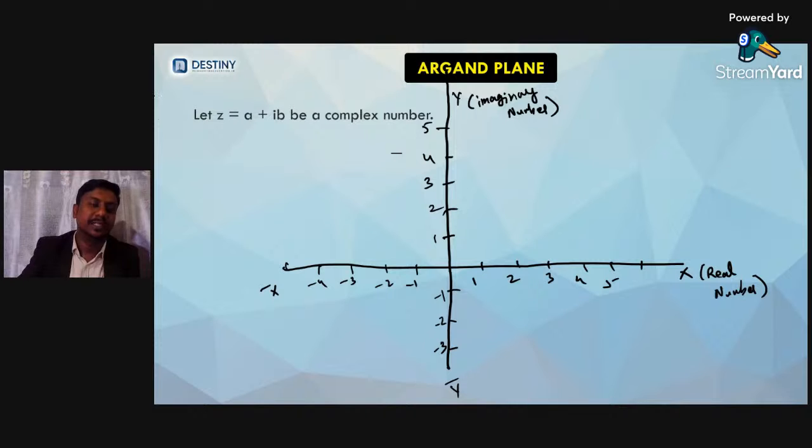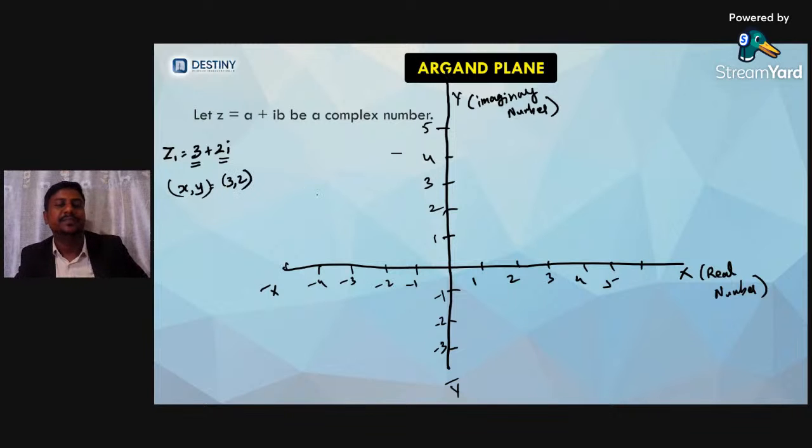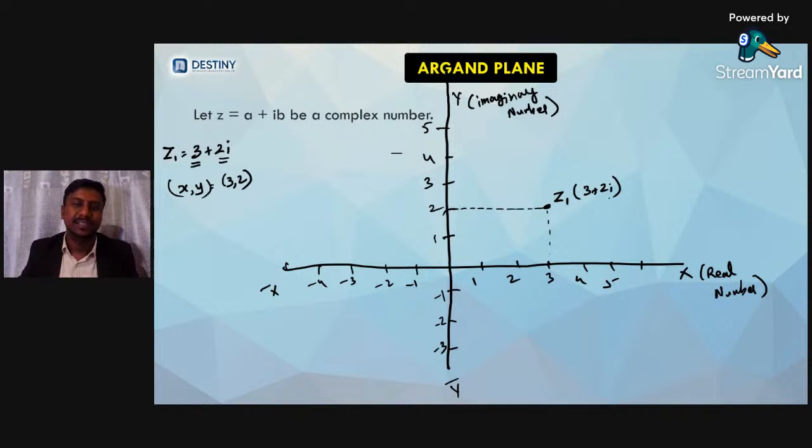If I take the number as z1 equal to 3 plus 2i, so real number is 3, imaginary number is 2. So I can represent that as x comma y as 3 comma 2. That's it. So 3 is here, 2 is here. This is called Z1. This is called Argand plane representation.